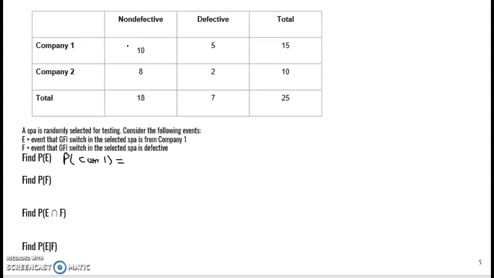And we can see that there are 15 switches that are from company 1 out of 25 total switches. That's going to give us the probability of finding a switch that's from company 1. So 0.60.